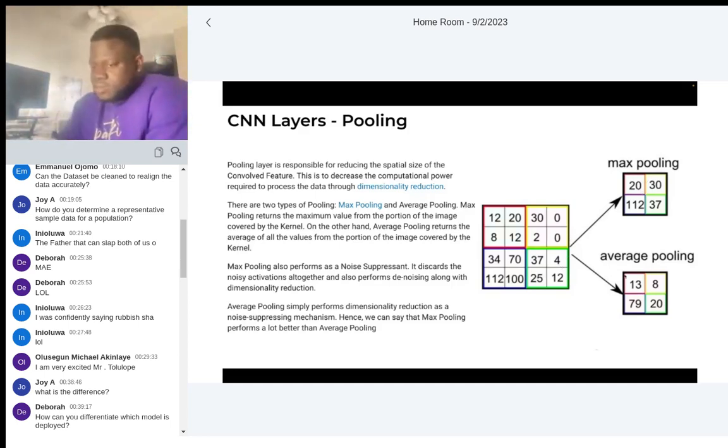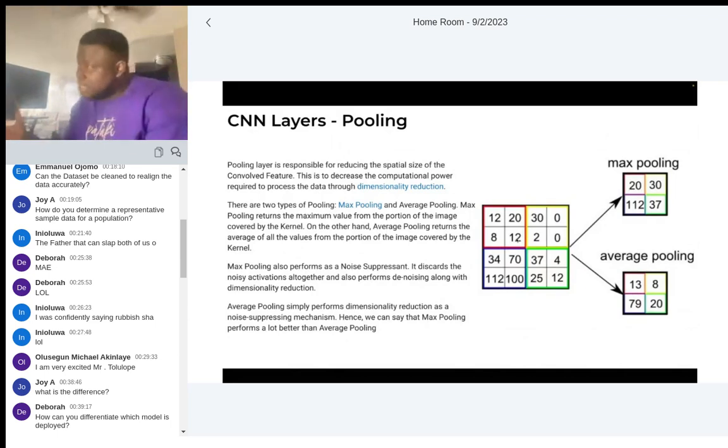Whereas average pooling will add everything together and divide by 4. So 20 plus 12 is 32. 32 plus 8 is 40. 40 plus 12 is 52. 52 divided by 4 is 13. Now, this is the problem with average pooling. 13 is close to one of the values, 12.